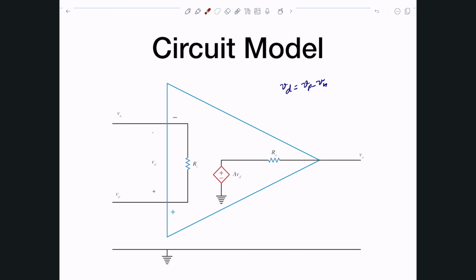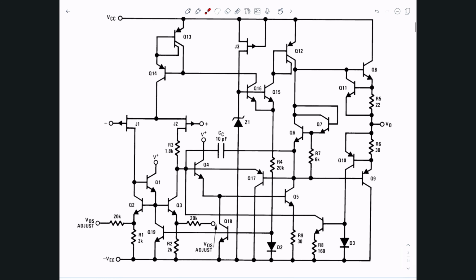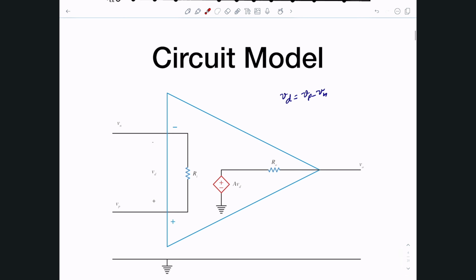So we can model any circuit that contains it using just that. Instead of using all of this complicated circuit diagram, we can just use that. And I'll show you later that you really don't need the R input and the R output either, but we'll get to that shortly.